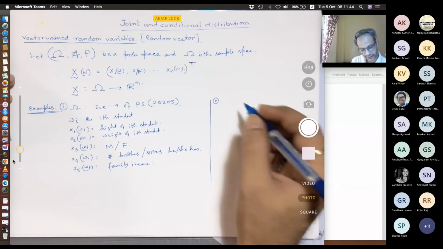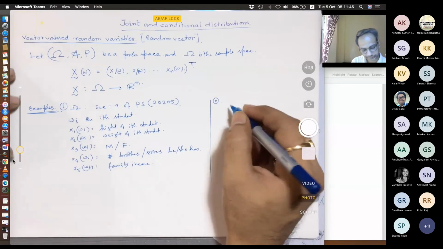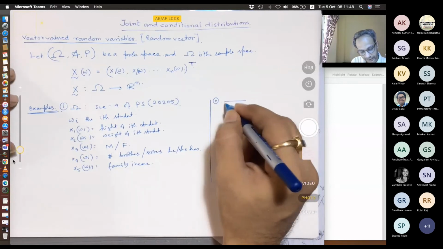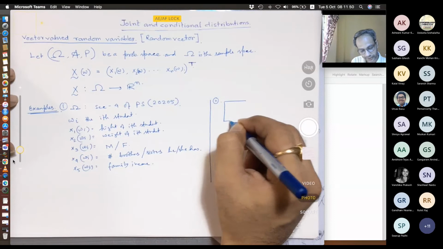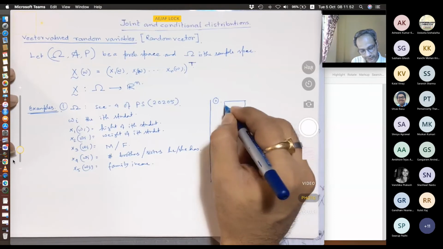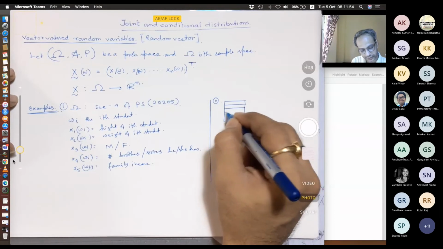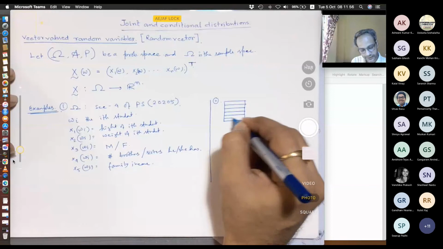Now another example: nowadays people do lots of image analysis. Images are usually considered as pixel grids.